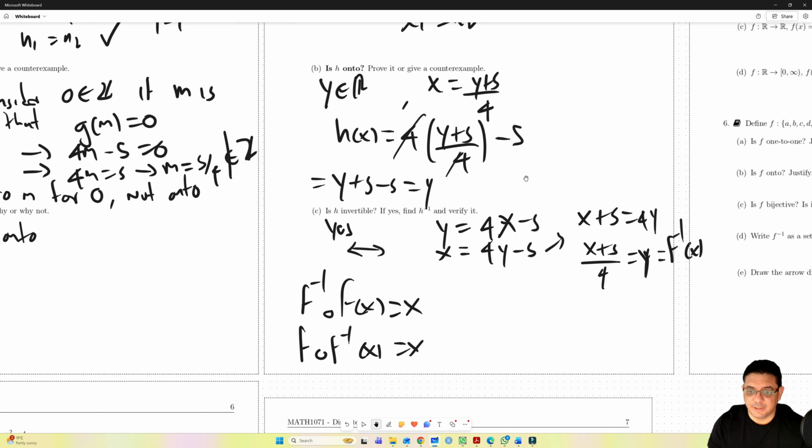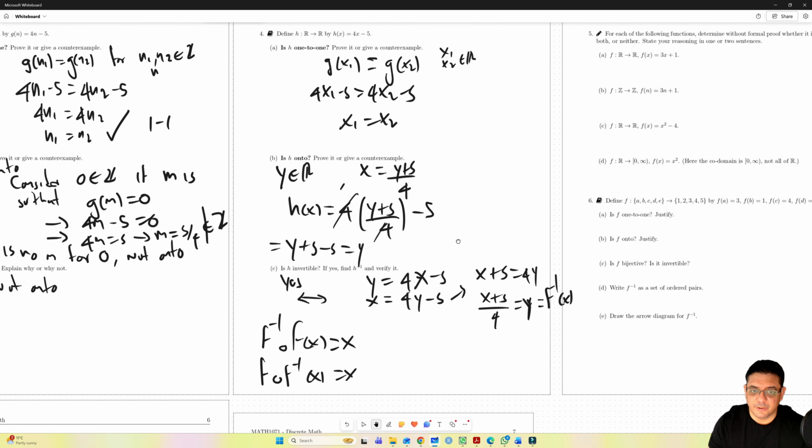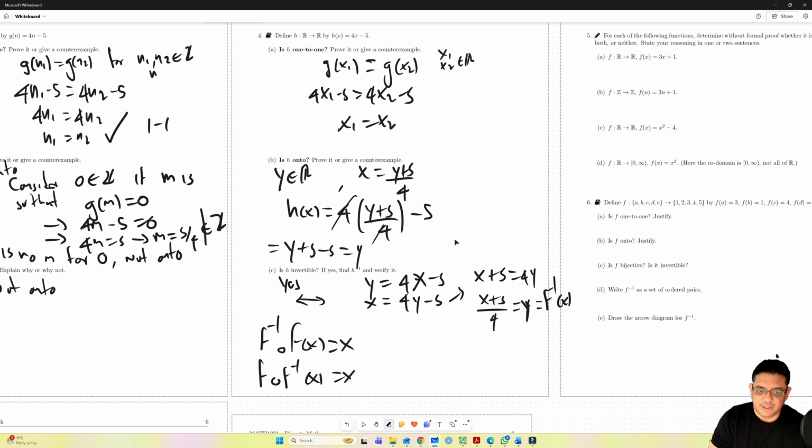And this is something that, once again, we went over in the slides. If I'm doing f compose f inverse of x, it will just be 4 times (x plus 5) over 4, minus 5, which you know is x.